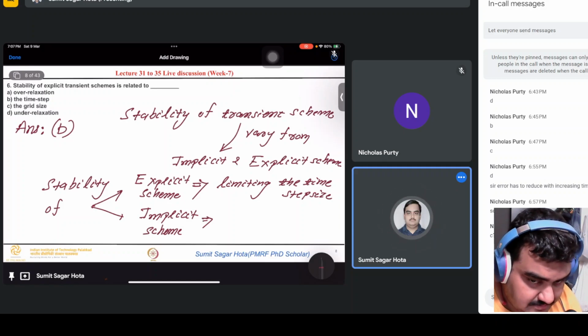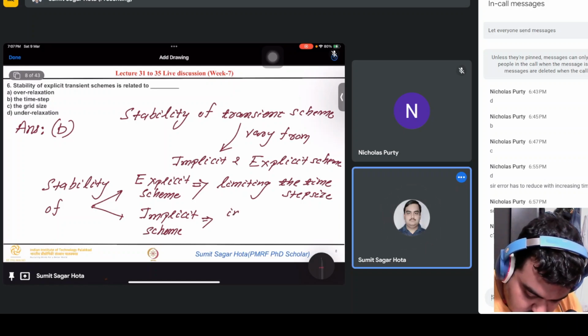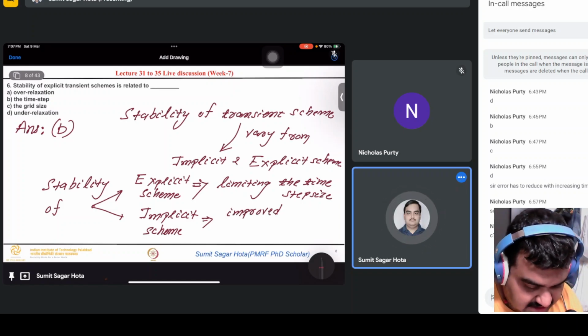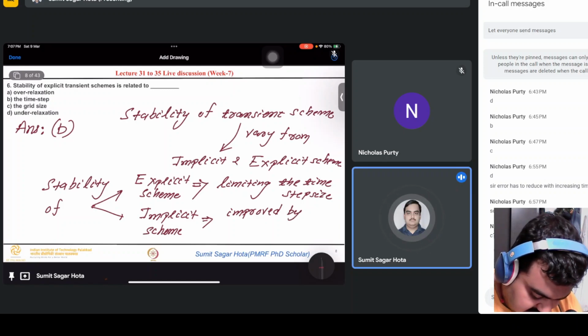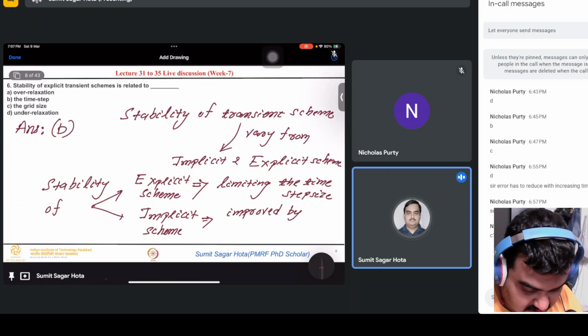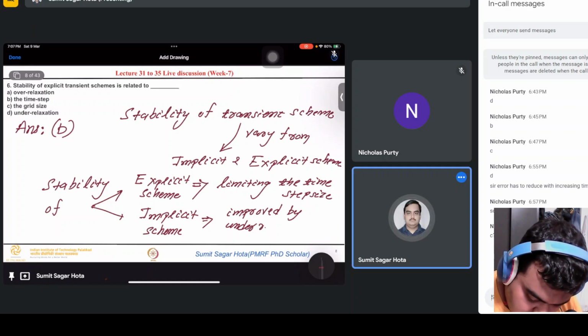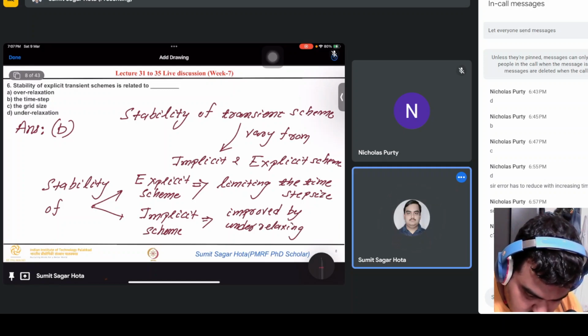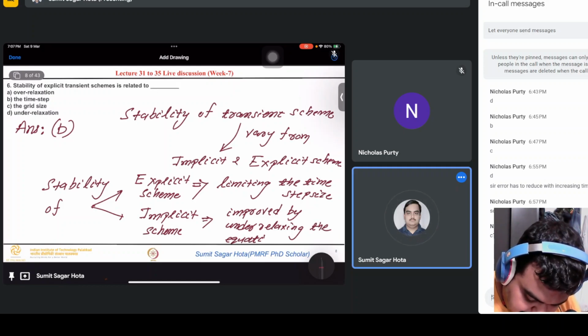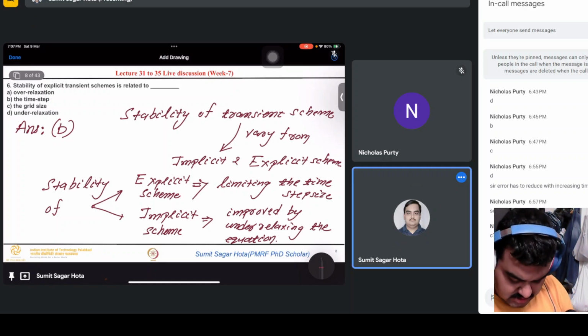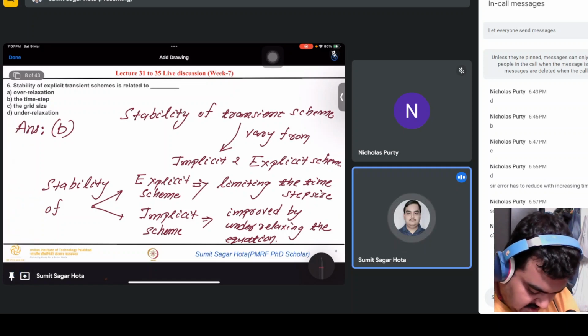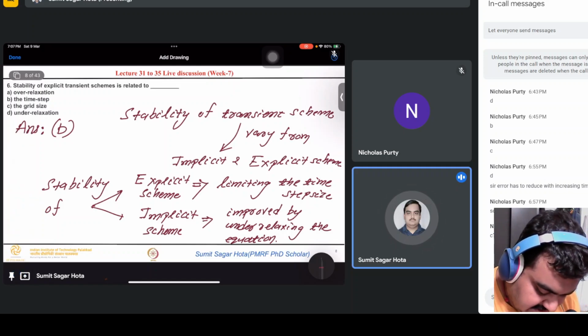Now for implicit scheme, it is improved by under relaxing. So this kind of question can become, or what is the explicit transient and implicit transient, all these things. What it's told is that okay, the explicit transient scheme is related to limiting the time step size.